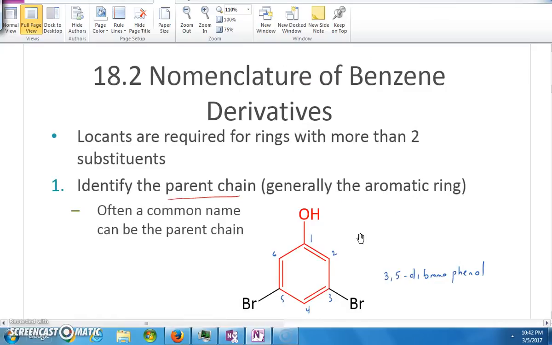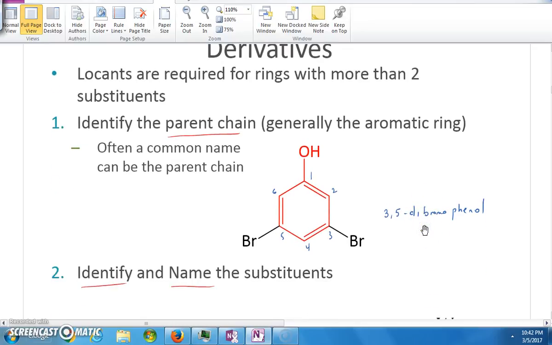Now, locants are required for rings with more than 2 substituents. So if you have more than 2 substituents, you need locants to tell you exactly where the substituents are located. Now, if you look at this compound here, you can see that the parent is a phenol. So that means the carbon bearing the OH takes carbon 1.